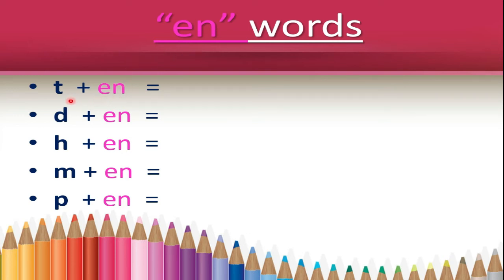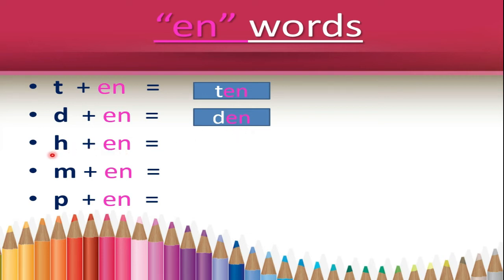When T is joined with EN, it forms ten. T-E-N, ten. When D is joined with EN, it forms den. D-E-N, den.